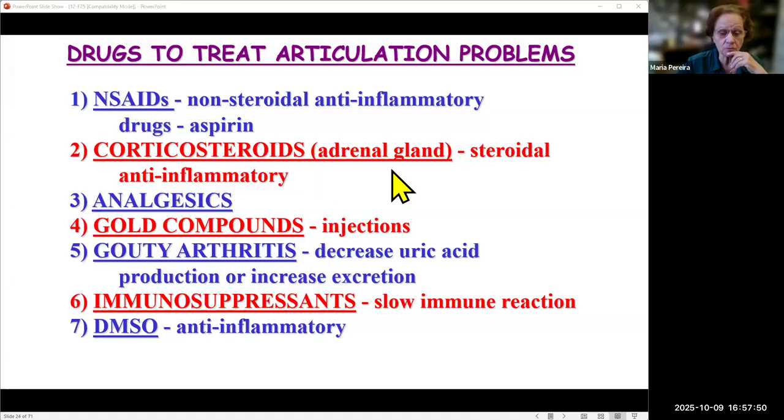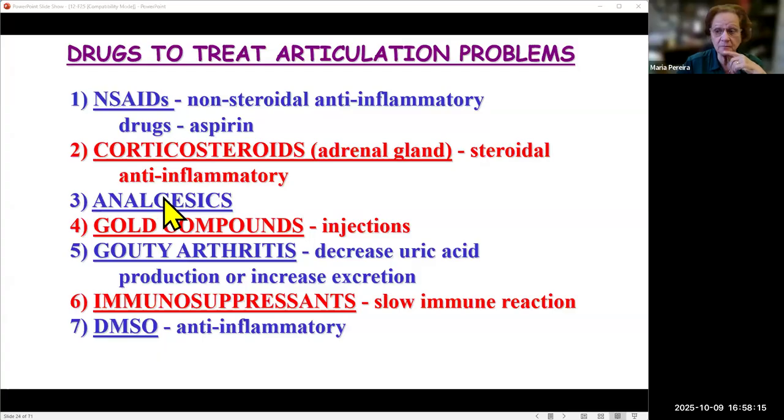These are steroids that are produced by the adrenal gland. If you remember, the adrenal gland is a small gland above the kidney. And you have glucocorticoids that I already talked about that are used to treat asthma. But these can also prevent inflammation. That's the whole idea, to prevent inflammation that is associated with these articulation disorders.